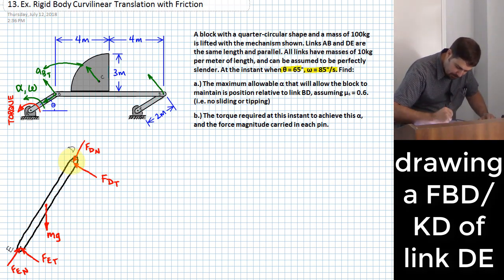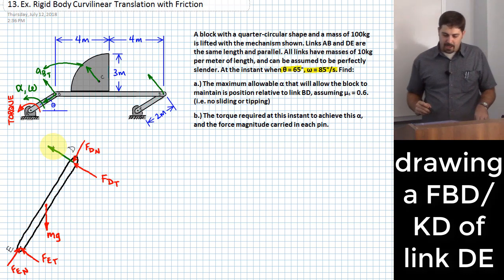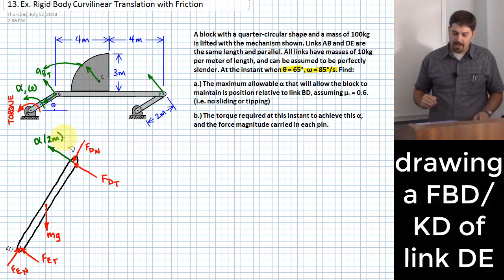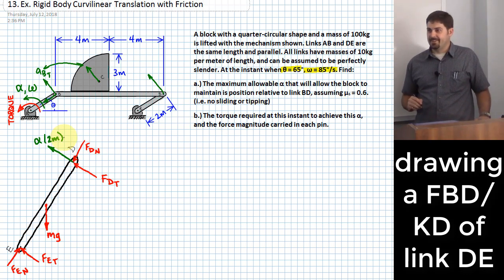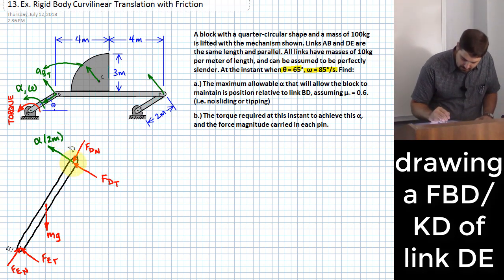It means that this point right here has an acceleration that is going to be alpha times 2 meters. But now I know what alpha is, right? Because I solved that already. What else do I know?